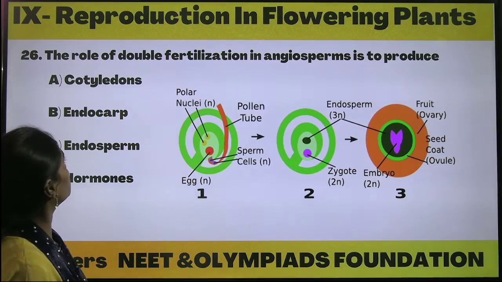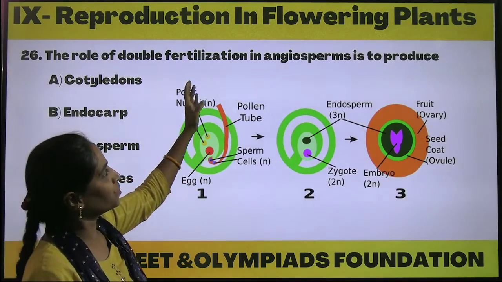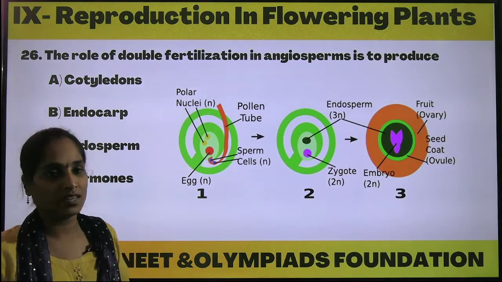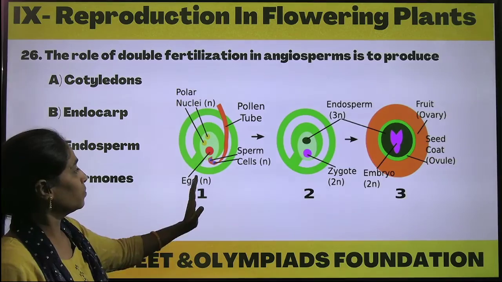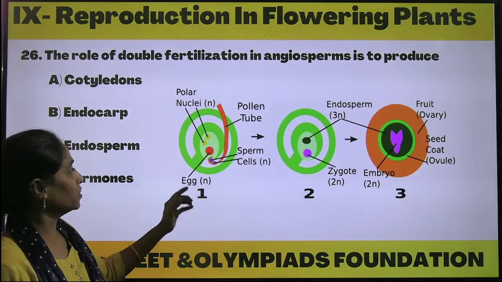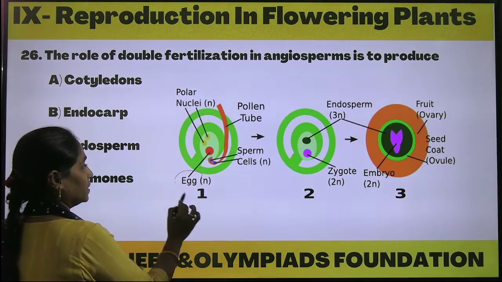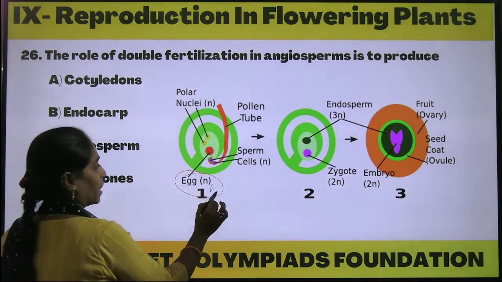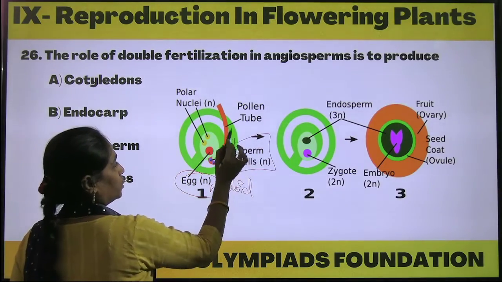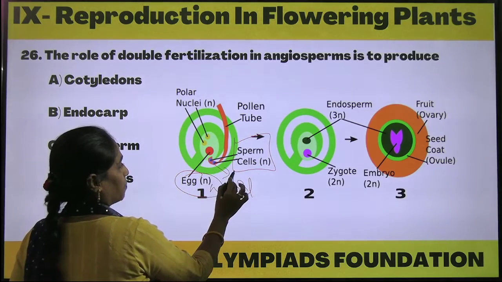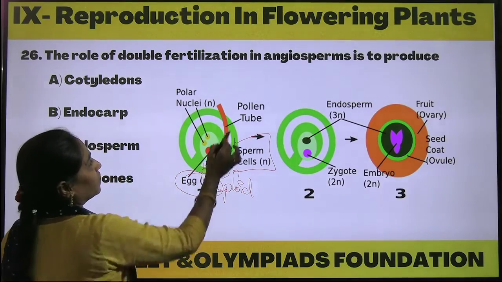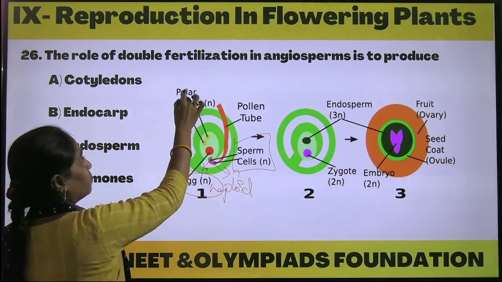Next, coming to the next question: the role of double fertilization in angiosperms is to produce what? Okay, the picture is given, you see pictures 1, 2 and 3. So what does it indicate? Here we can observe the egg is a single cell, it's nothing but haploid. Each sperm cell is also haploid in nature, N, and this is also N, right? And this is a pollen tube and these are the polar nuclei.